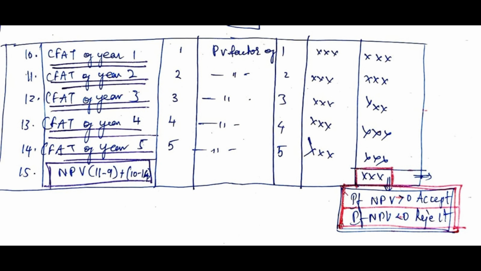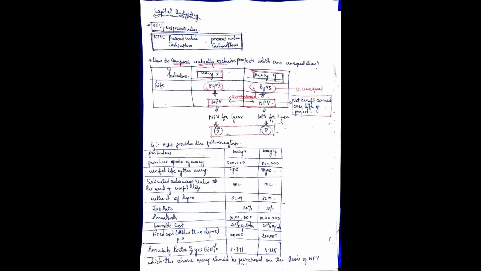Net present value, that is NPV. We all know net present value is equal to present value of cash inflow minus present value of cash outflow. How to compare mutually exclusive projects? Under capital budgeting, under NPV, how do we compare mutually exclusive projects which have unequal lives? Unequal lives is nothing but the life of the machinery.